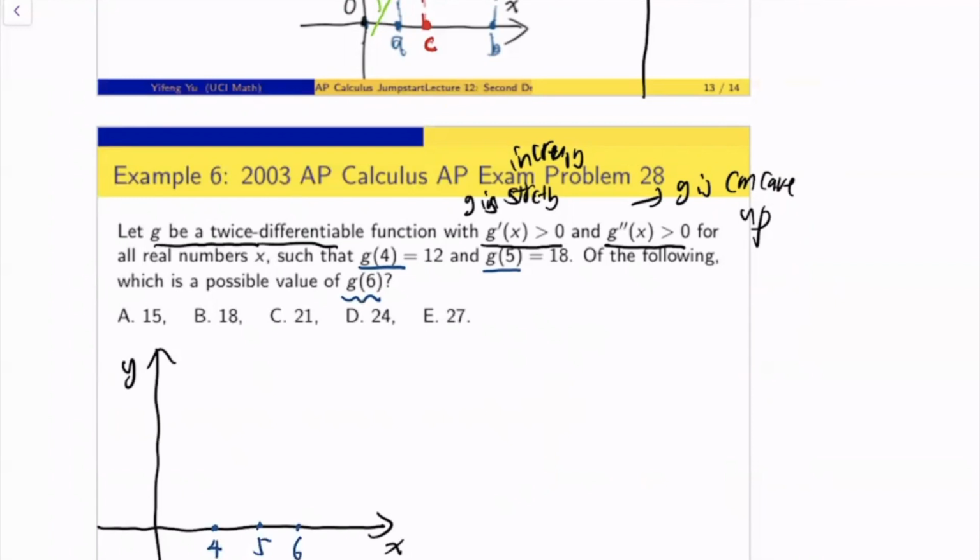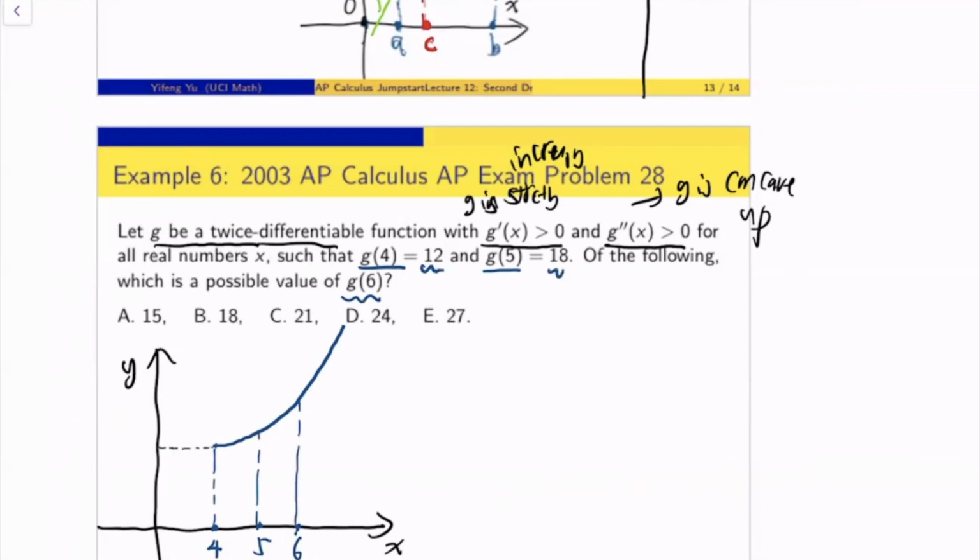So we have the graph of the function, which is increasing and concave up.